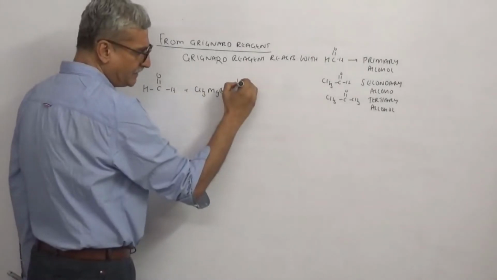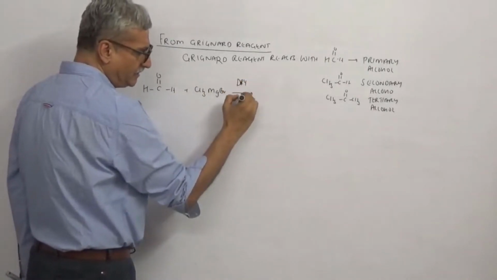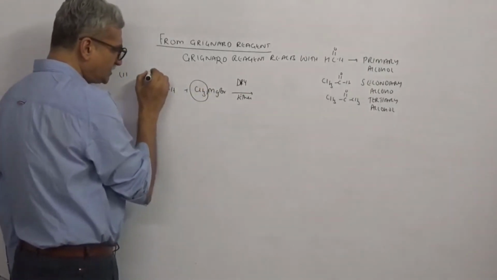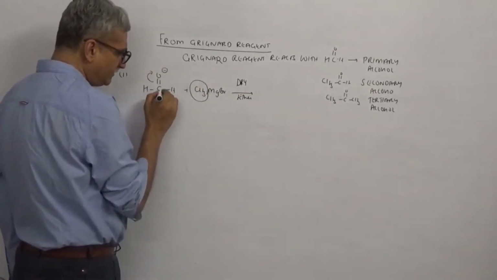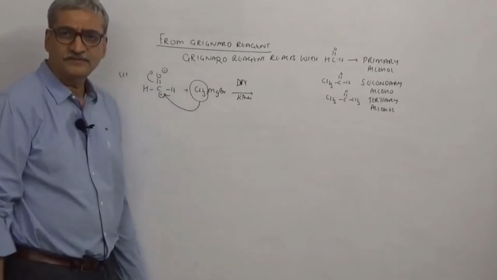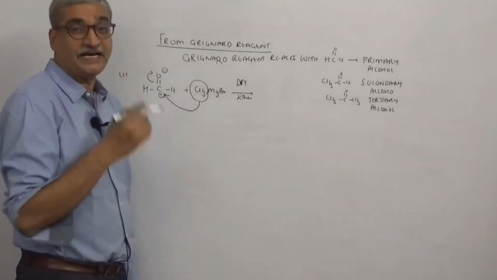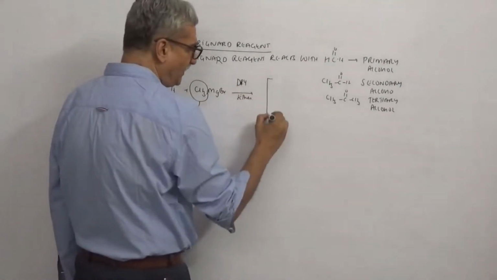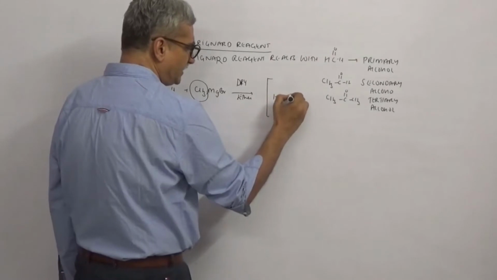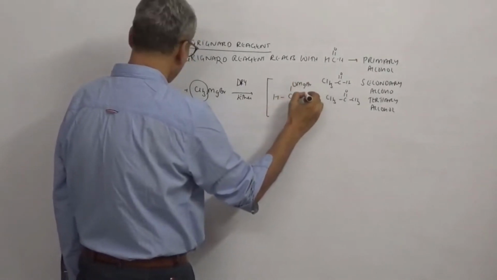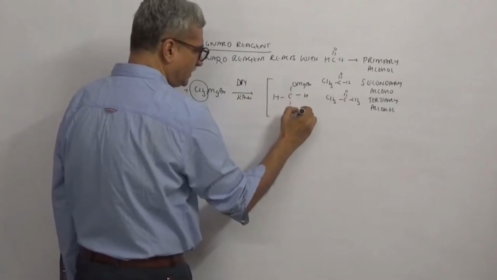This reaction happens in presence of dry ether. There's a shift in bonded pair: oxygen negative, carbon positive. So there's a nucleophilic addition. You get a complex in between. What is the complex? H, C, OMgBr, H and CH3.